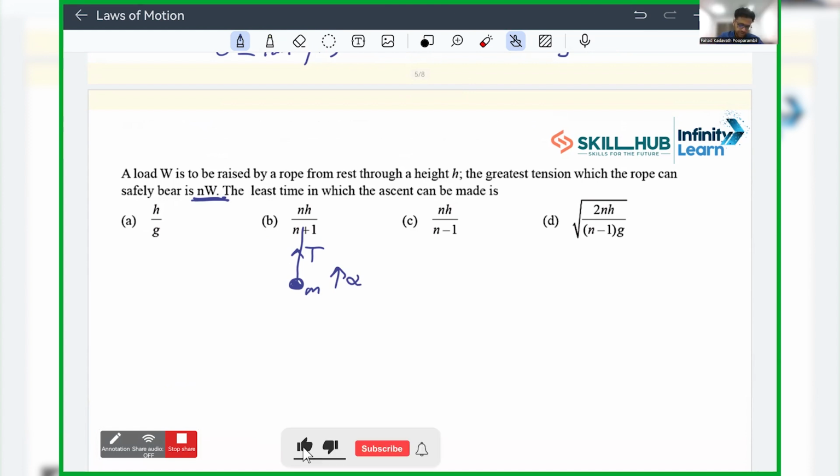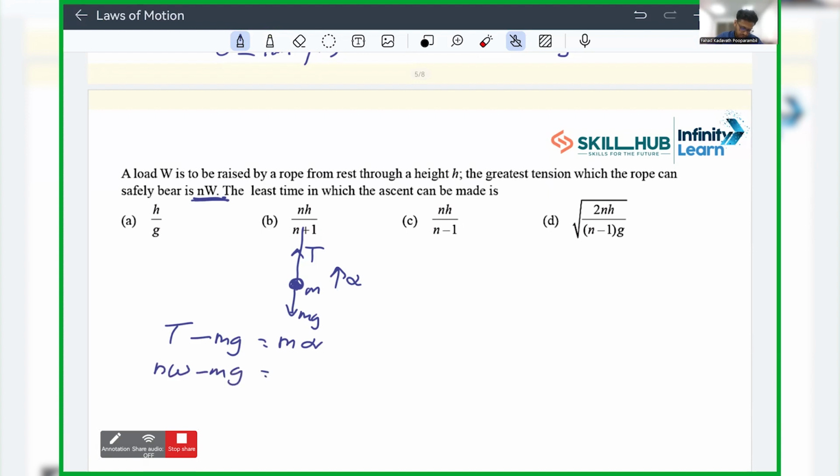We can write Newton's second law of motion: the tension, and the weight of the body, mg downward, minus the weight would be equal to m into alpha. Again, we know tension is given as Nw. So Nw minus mg equals m alpha.